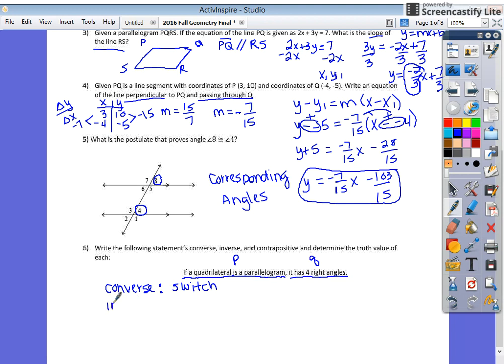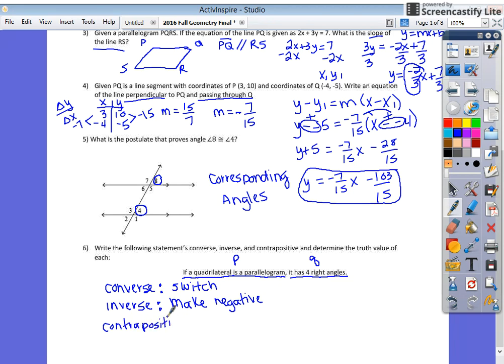With the inverse, you're going to make them both negative. So we would say if a quadrilateral is not a parallelogram, then it does not have 4 right angles. The last thing we were asked to do is write our contrapositive.